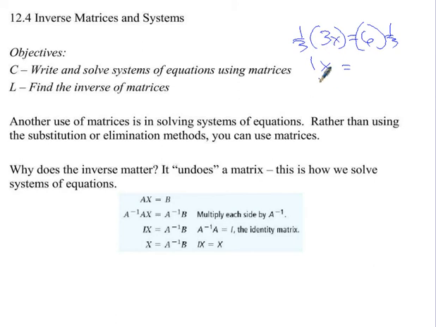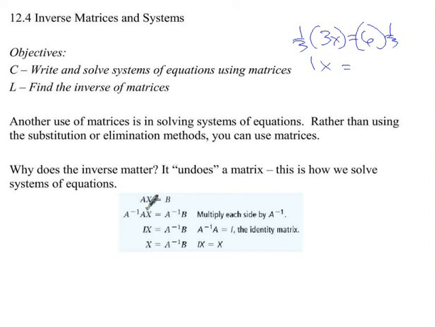The inverse matrix, remember if we multiply a matrix times its inverse, what do we get? What's that called? The identity matrix. A matrix with all 1s down the main diagonal and then 0s everywhere else, okay? Now the identity matrix is special because the identity matrix times anything just gives you that original matrix back.